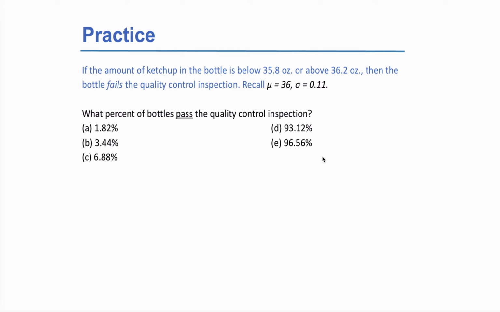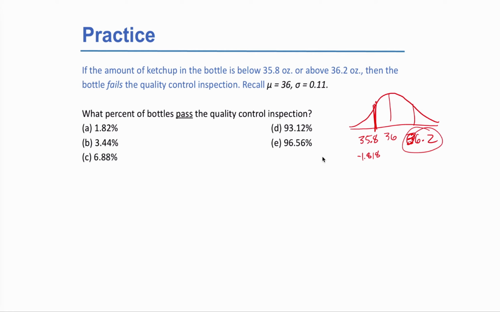If the amount of ketchup in a bottle is below 35.8 or above 36.2, then the bottle fails the quality control inspection. What percent of bottles pass the quality control inspection? So, mean of 36, this is 35.8, this is 36.2, right? The z-score was negative 1.818.